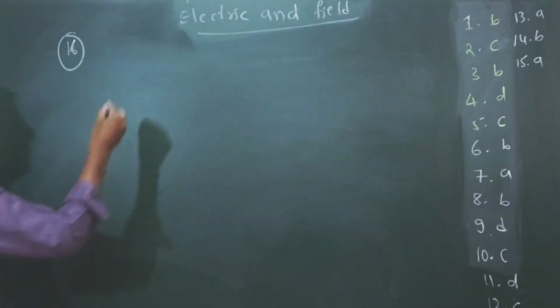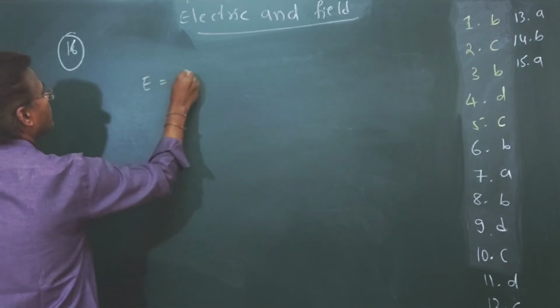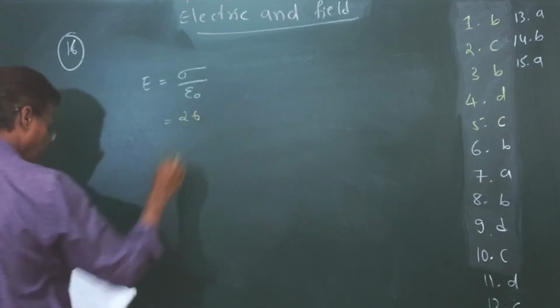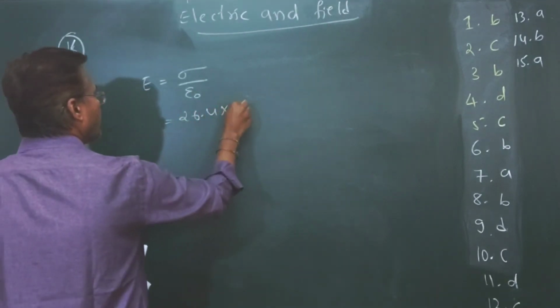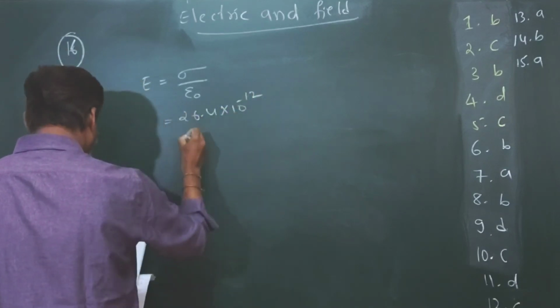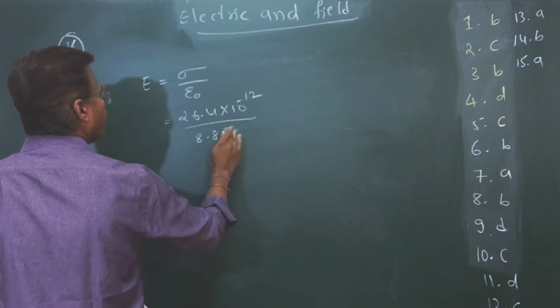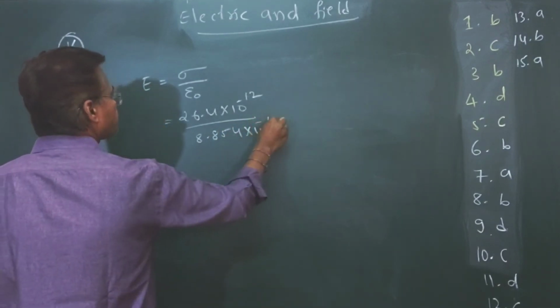We did a problem earlier in which E equals sigma divided by epsilon naught. The sigma value here is 26.4 into 10 to the power of minus 12. The value of epsilon naught is 8.854 into 10 to the power of minus 12.